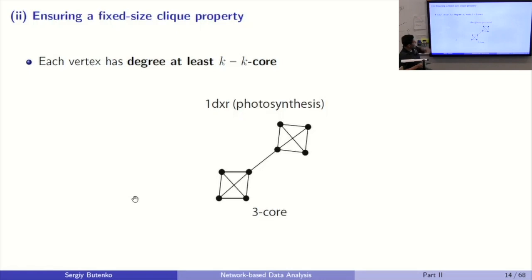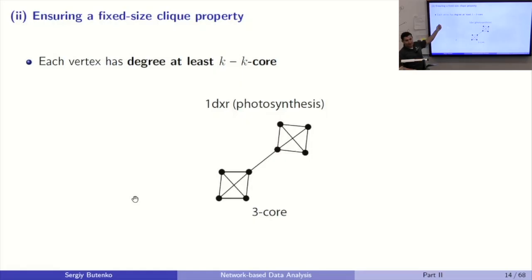Let's look at the second type of modifications to elementary clique defining properties that we can use in order to define clique relaxation. It was ensuring a fixed size clique property, right? For a fixed cardinality clique, let's say if I have a clique on K plus 1 vertices, I can define that a subset of K plus 1 vertices is a clique if and only if the degree of every vertex is at least K, right?